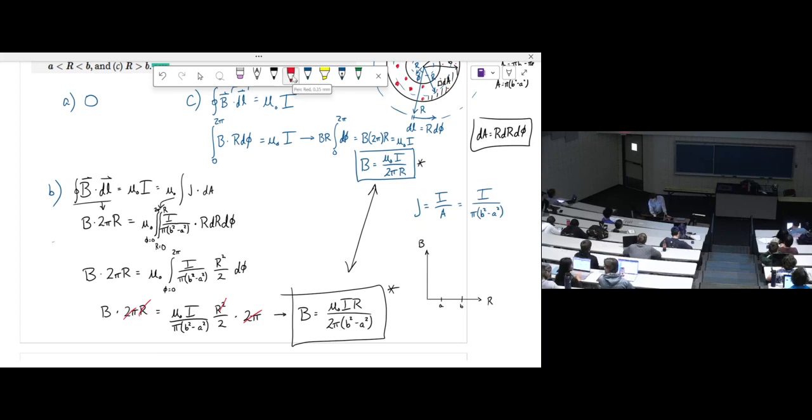What this is saying is part A, the magnetic field strength, actually let's use blue so we know what we're talking about here. The magnetic field strength is 0 when we're inside of A. And then according to this, I jump up like so, and then I get to here, and I start dropping off like so.